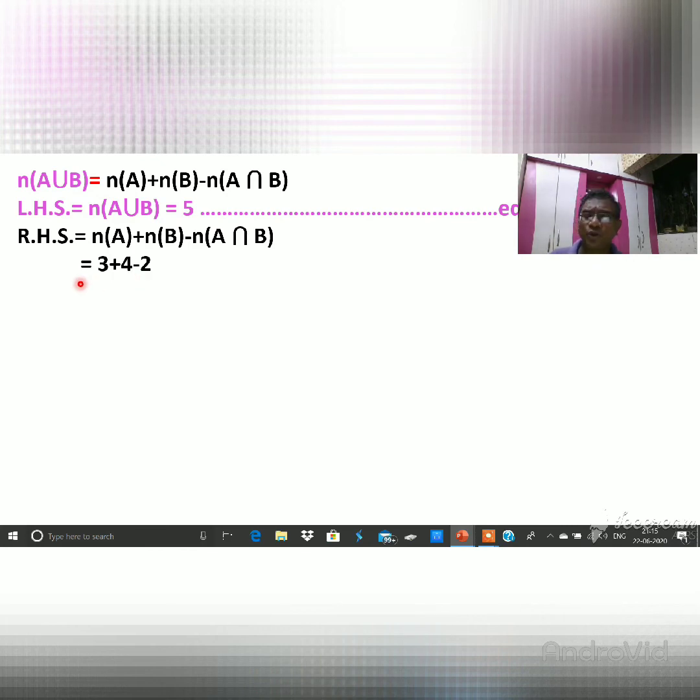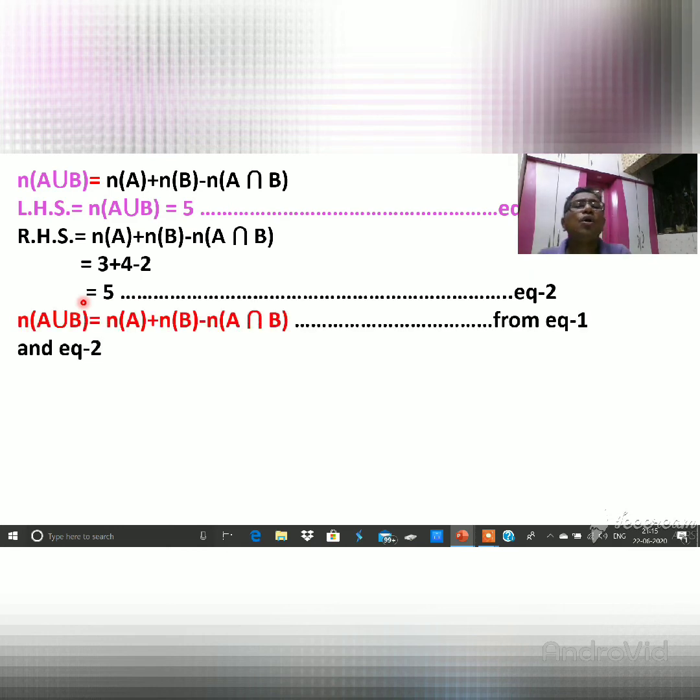So 3 plus 4, what do you get? 7. 7 minus 2 is 5. So here is 5. This is equation number 2. So A union B is 5, and the RHS is also 5. So both sides are the same.